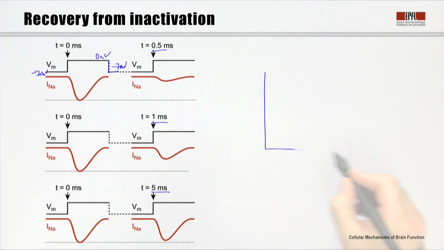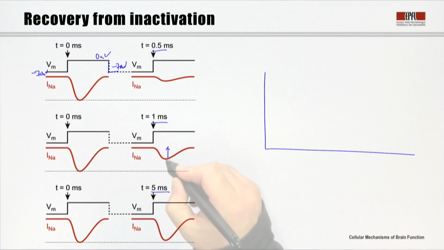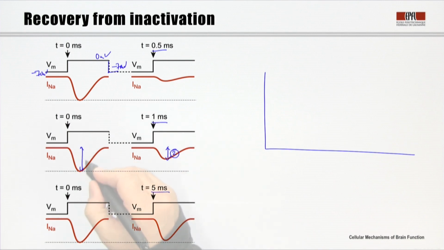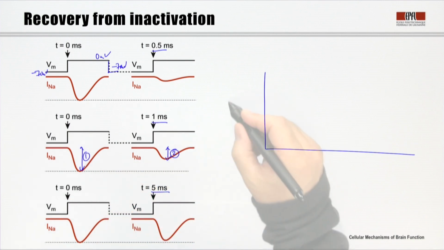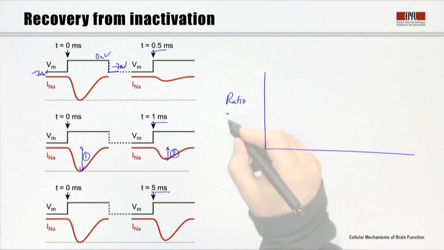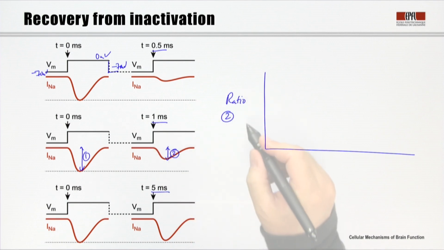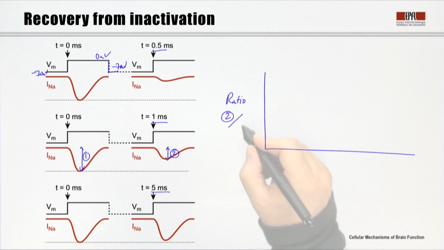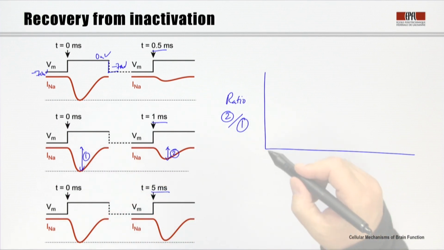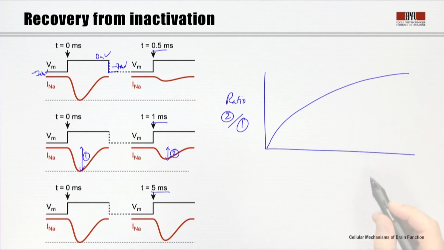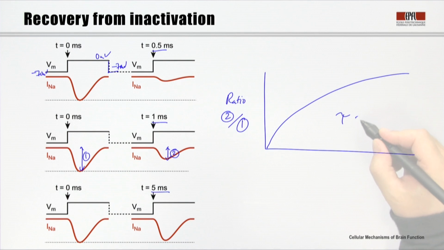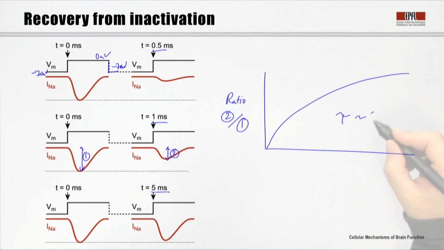We can plot an exponential recovery time course for the voltage-gated sodium conductance. If we think of this as the second peak and this as the control first peak, we can look at the ratio of the second activated voltage-gated sodium conductance compared to the first one, and we find that there's a recovery time constant with an exponential form, on the several millisecond timescale.